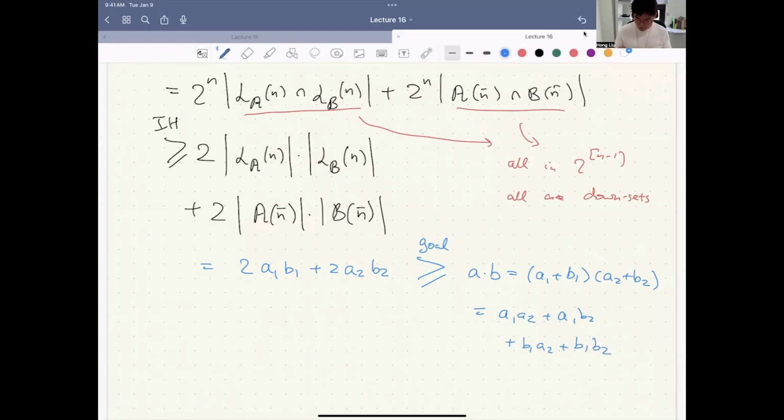So let's cancel some terms. No, we cannot cancel terms, right? I wrote it wrong. This is A1 plus A2.